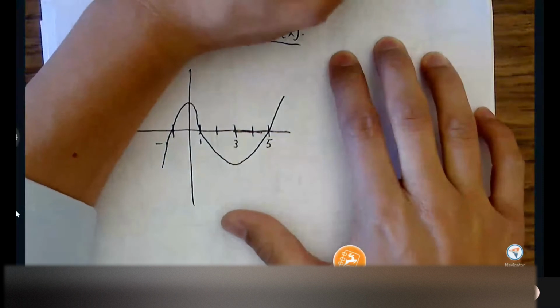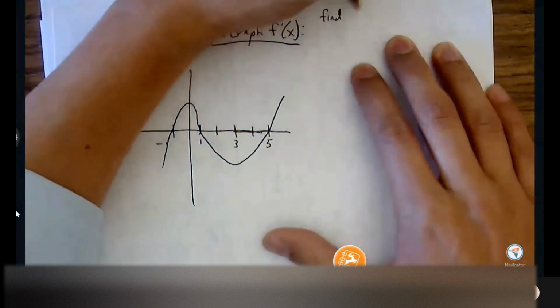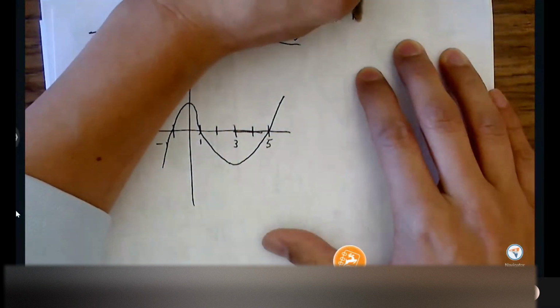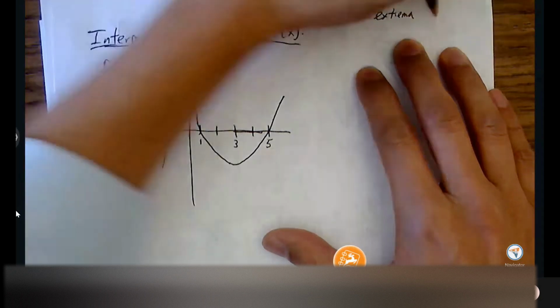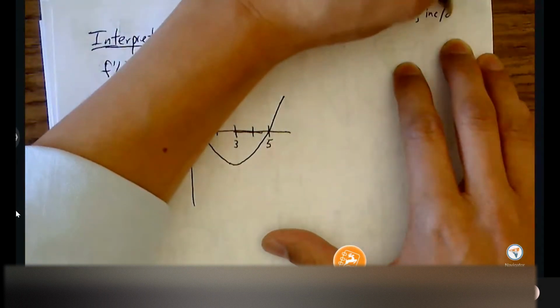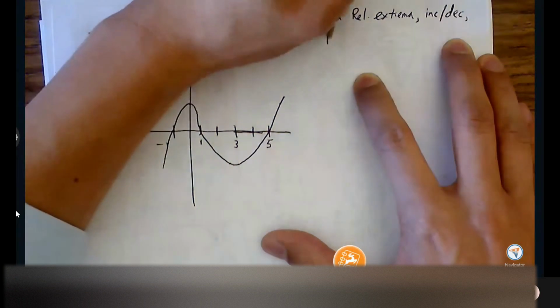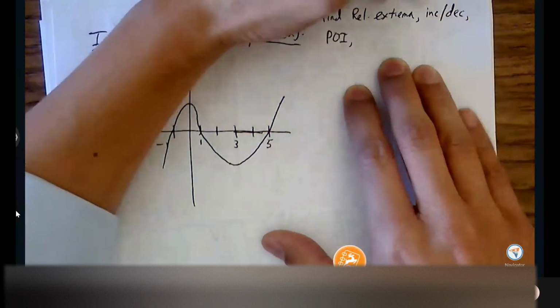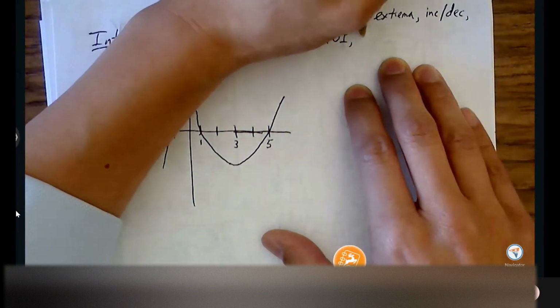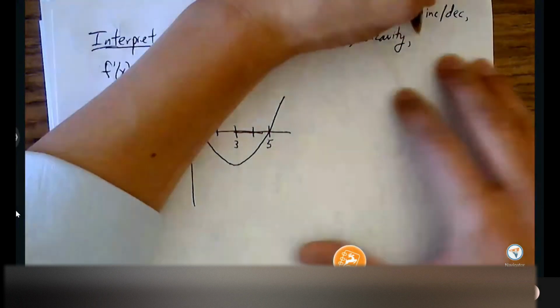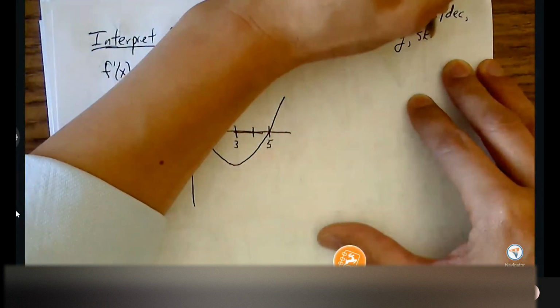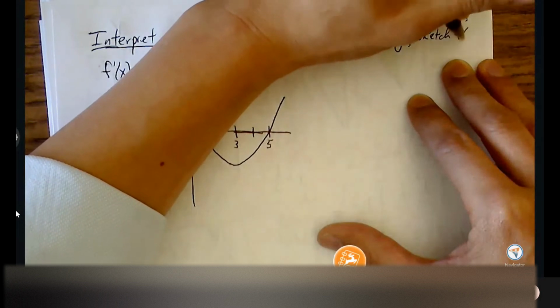So we want to be able to find relative extrema, intervals of increase, decrease, point of inflection, and concavity intervals, and then also to be able to sketch f of x.